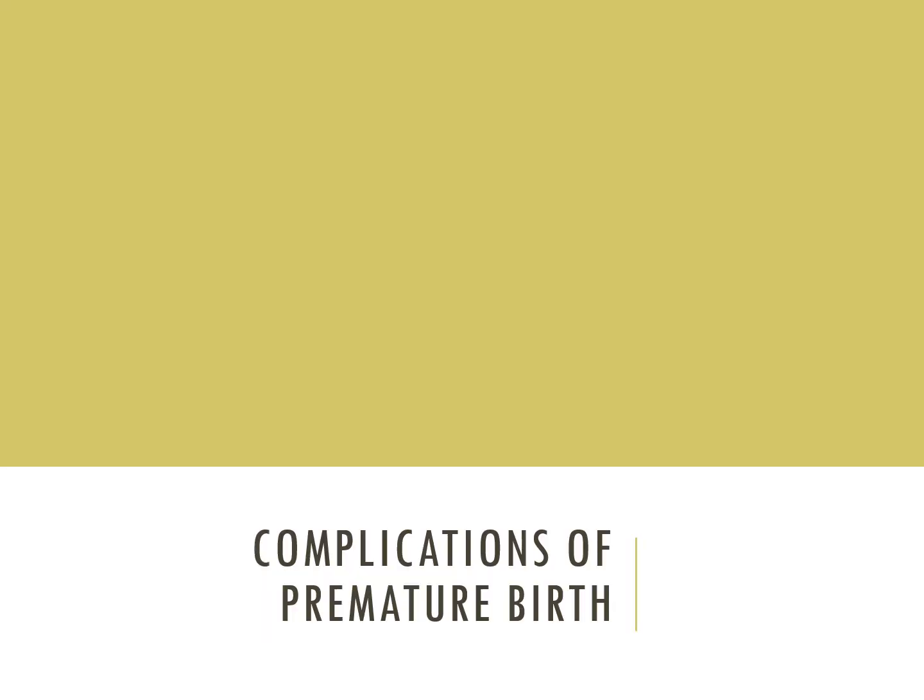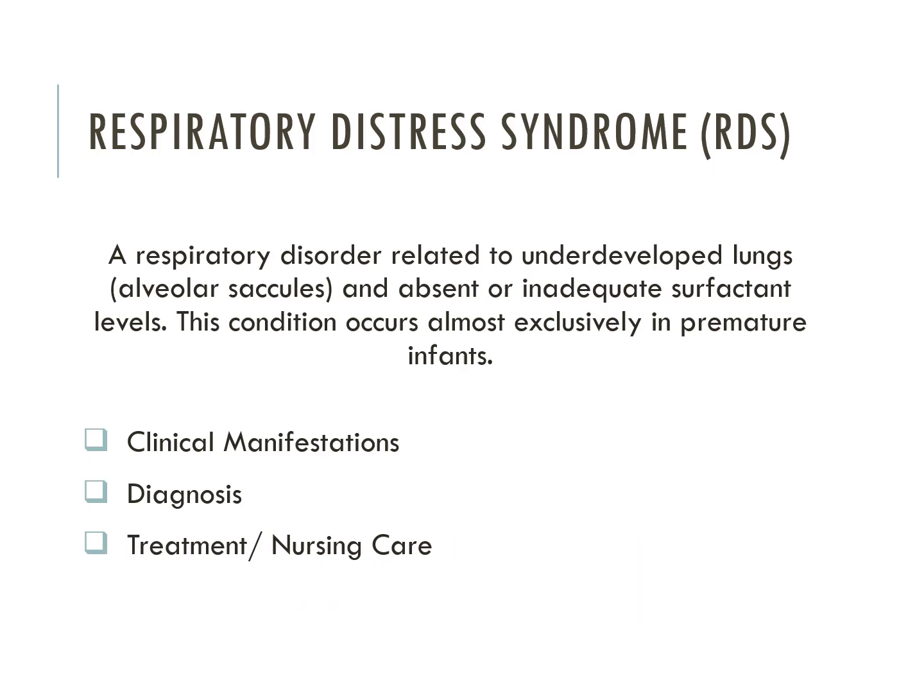A few things that I wanted to bring to your attention related to complications of premature birth that you might hear in these units. So the first complication I want to discuss with you is respiratory distress syndrome. I referred to it earlier in the lecture a little bit as surfactant deficiency.